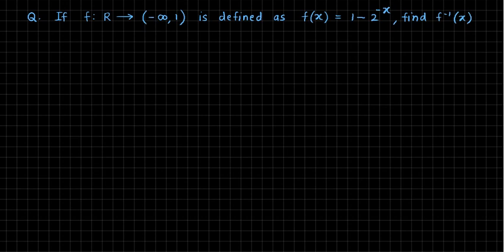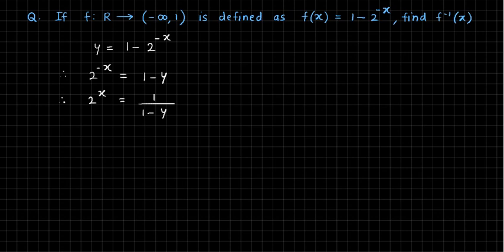Alright, so let us first go ahead and write y is equal to 1 minus 2 raised to minus x. So therefore if I bring 2 raised to minus x on left side, we'll have 1 minus y. So taking reciprocal we have 2 raised to x equal to 1 upon 1 minus y.